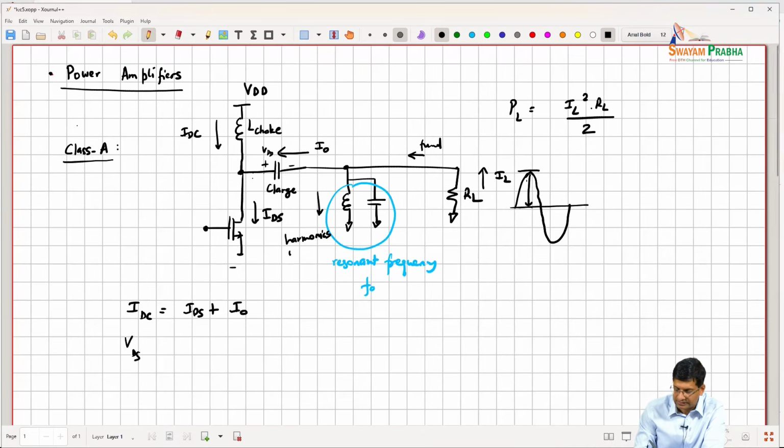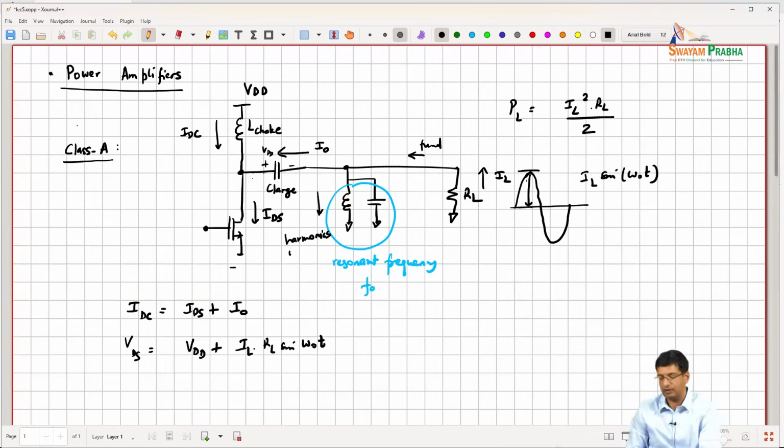So, then we can say that VDS is going to be equal to VDD plus IL times RL. So, if we decide that this current is IL sine omega naught t, then this voltage VDS will be IL RL sine omega naught t.